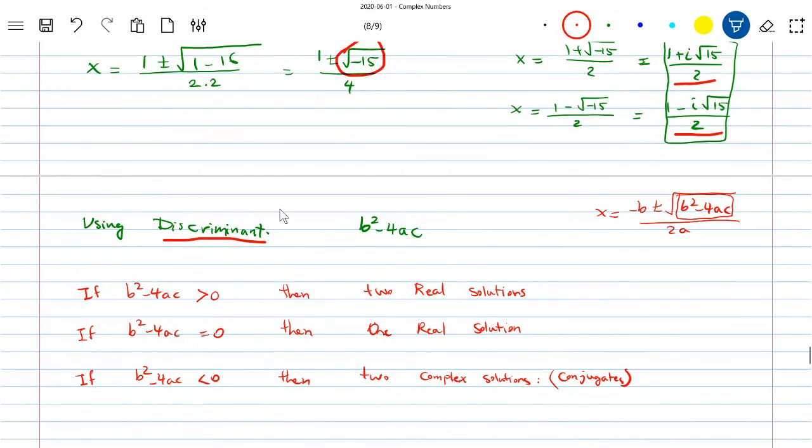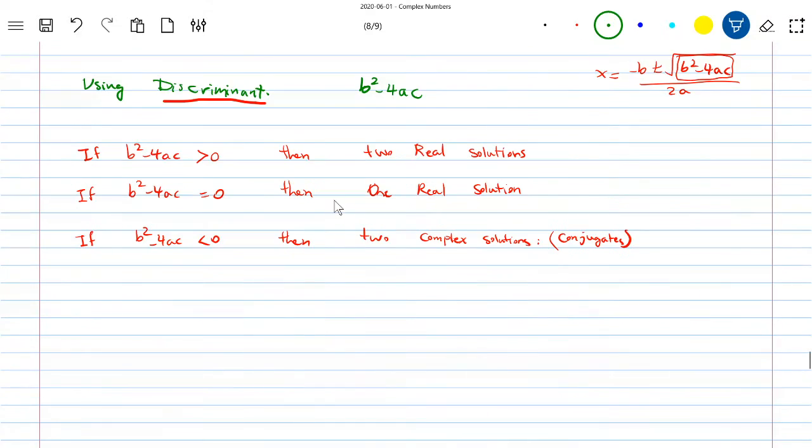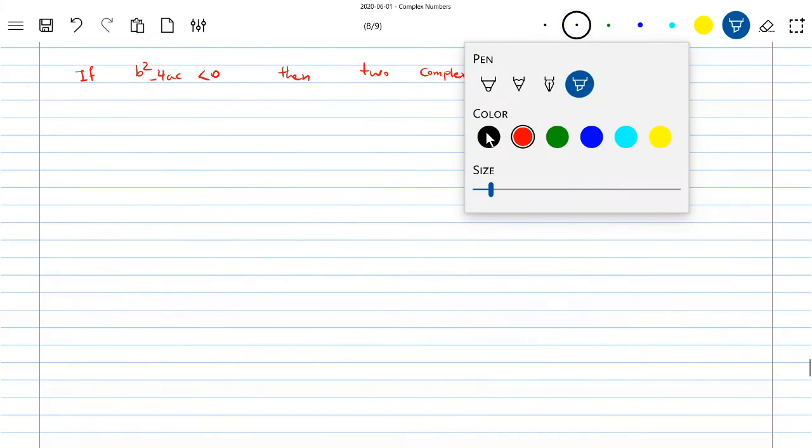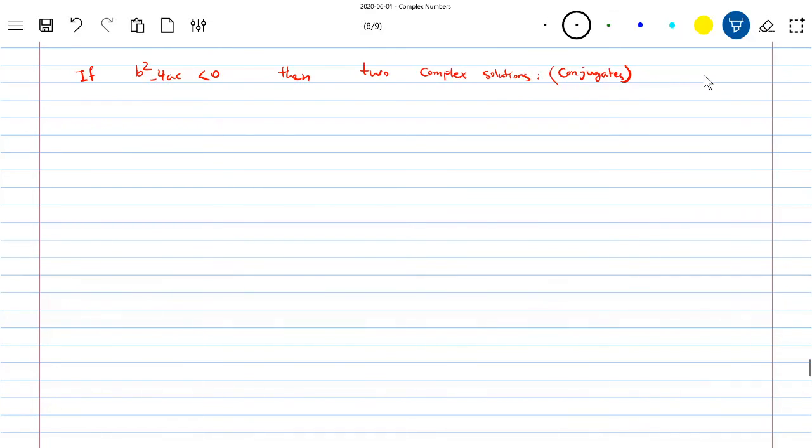So I'm going to use this discriminant to discuss how the solutions are going to look without finding the exact values. So let's try an example. Say they're given something like 2x squared minus 5x minus 3 equal to 0.